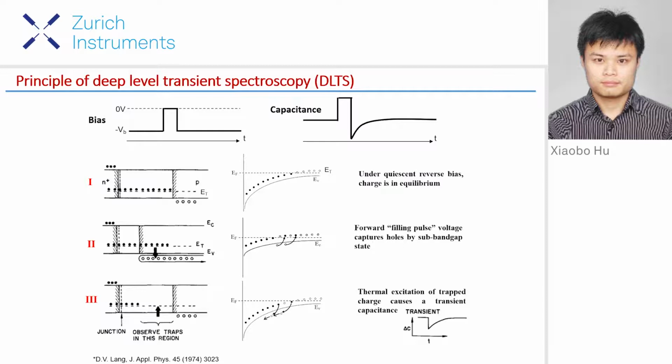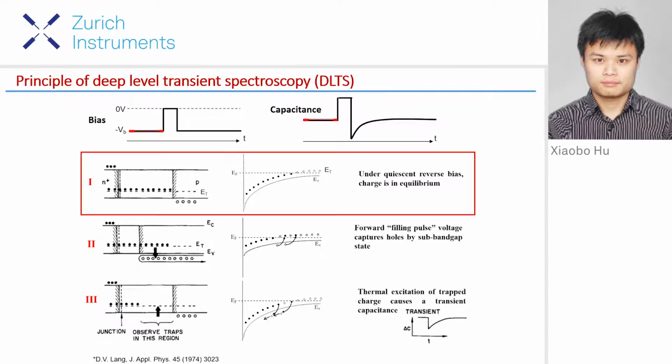Now we consider a majority carrier pulse, which momentarily reduces the diode bias and introduces only majority carriers into the region of observation. The pulse sequence is shown in this figure, and the process is illustrated as follows.